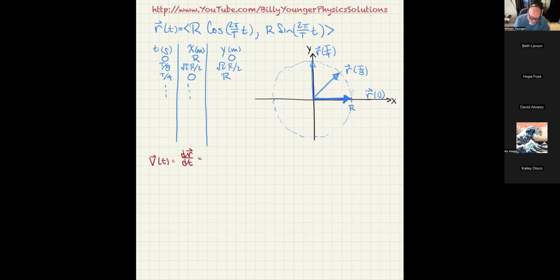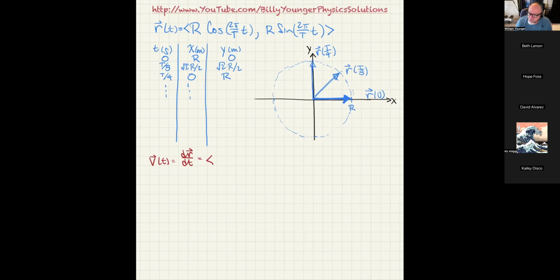I'm going to show you how to do that rather quickly, and I'll use this notation rather than the i hat and j hat because it's pretty straightforward to do so. I'm just going to put that for the left-hand side. Now, the derivative of r times cosine of 2 pi over T times t is, of course, the r is going to stay there.